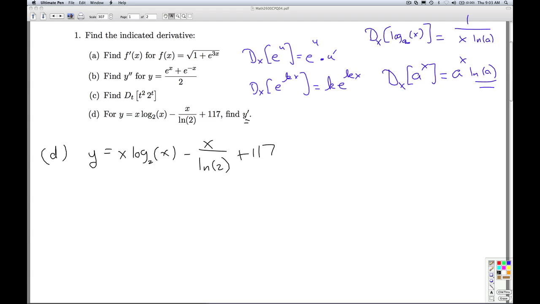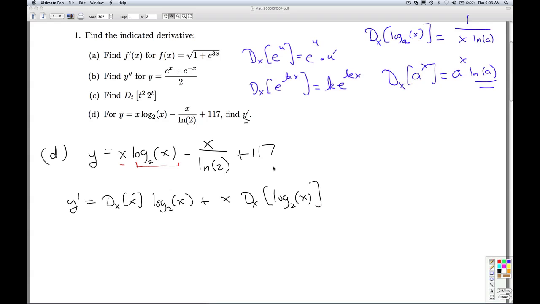Okay, so let's go through. Take the derivative here, y prime equals. The first thing I encounter is a product of two functions of x: x and log base 2 of x. So I'm going to use the product rule: take the derivative of the first factor times the second, plus the first times the derivative of the second.